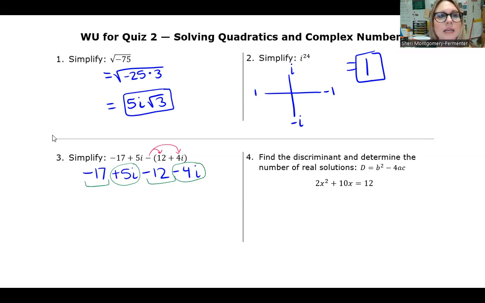So if I have negative 17 and then I take away 12, hopefully you guys have a calculator. What do you get? Negative 29. If I have 5 and I take away 4, plus i.